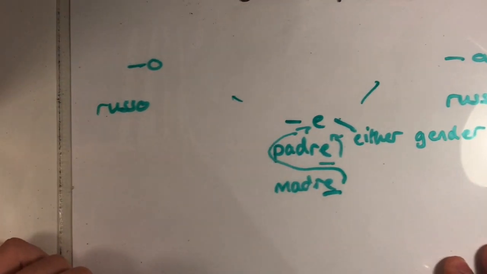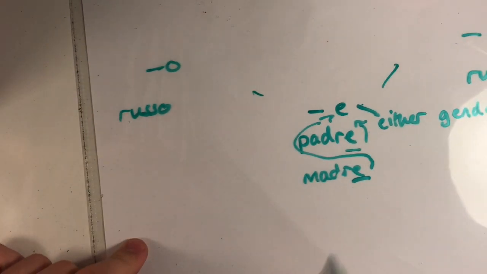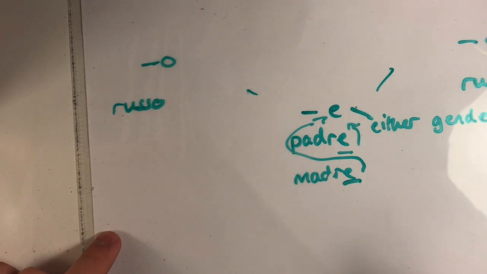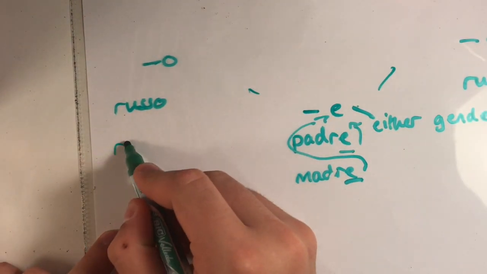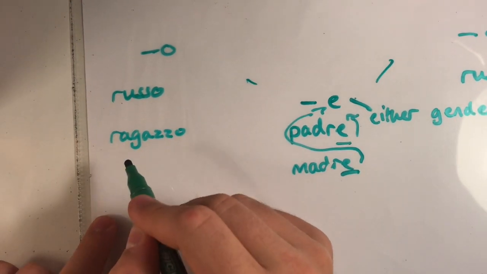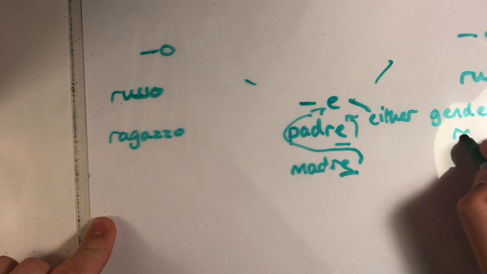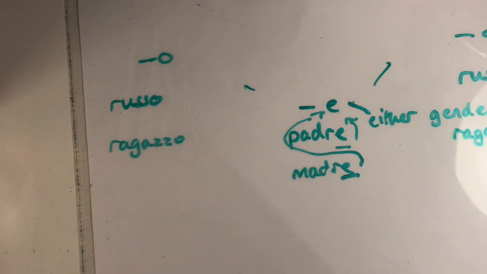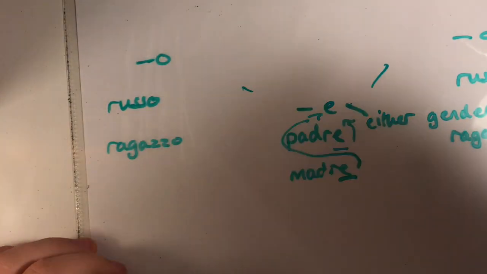So we're going to look at the indefinite article, which is basically a or an. So an example, so we'll just put ragazzo. This means boy. This will come up in our vocab today. That's a ragazza. Right, so what would we use to say a boy in Italian? Well, our indefinite article has to follow this rule of being male or female.